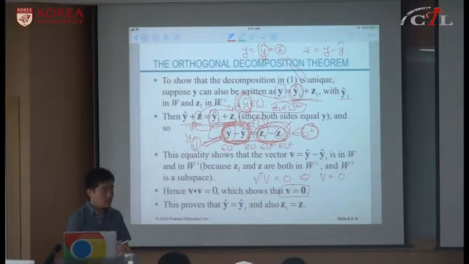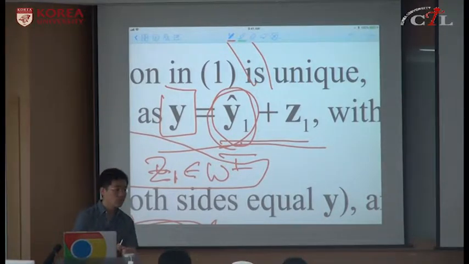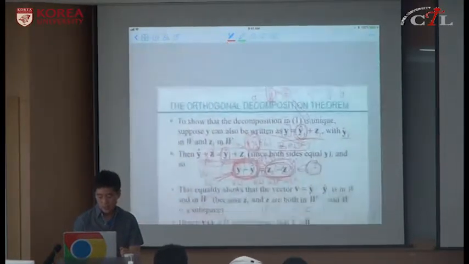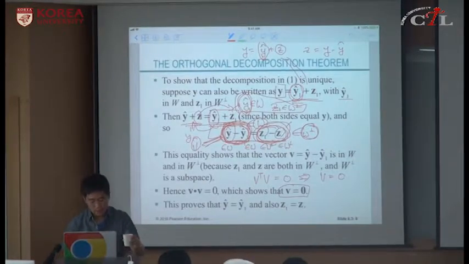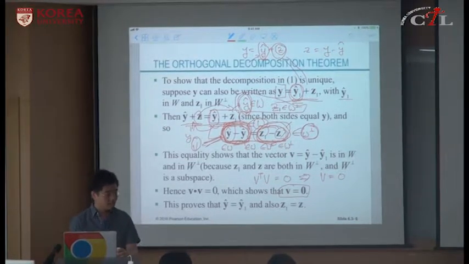So those two vectors should be identical to each other, and so it violates our assumption that this y1 hat is another different vector from y hat. So that way this y hat is uniquely determined, and thus z is also uniquely determined as well.